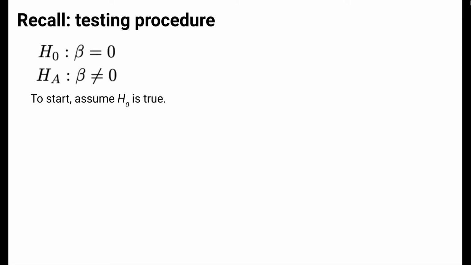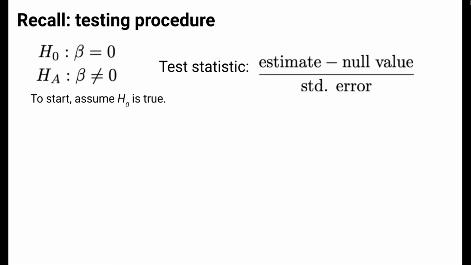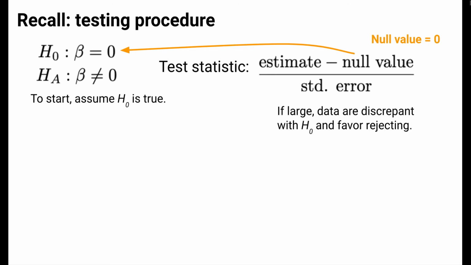We start by assuming that the null is true and use our data to quantify any discrepancy with the null hypothesis by constructing a test statistic. This test statistic measures how far the coefficient estimate is from the null value, the value proposed for the true coefficient in the null hypothesis, which here is 0. If this test statistic is large in magnitude, then this suggests large discrepancy with the null, and we would favor rejecting it.